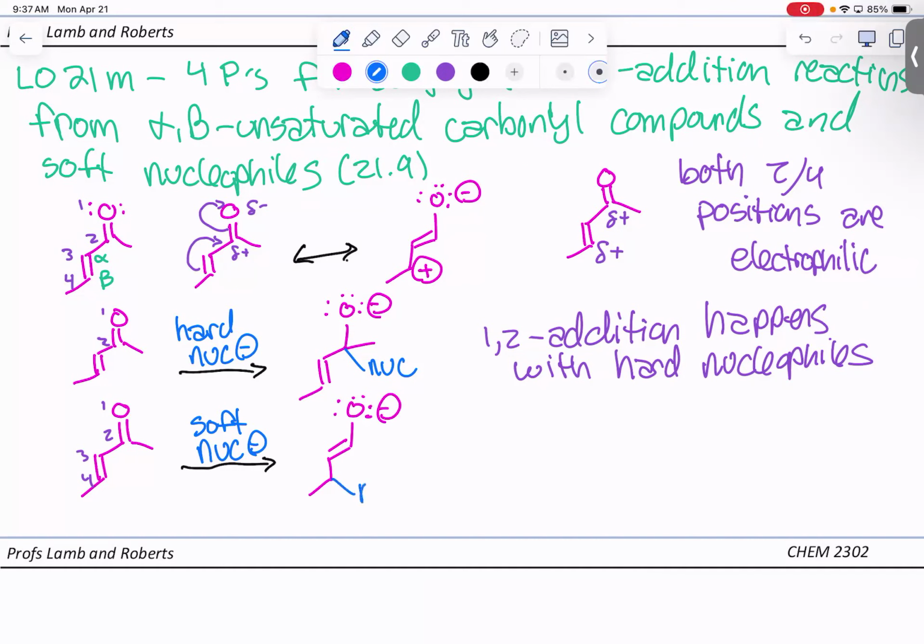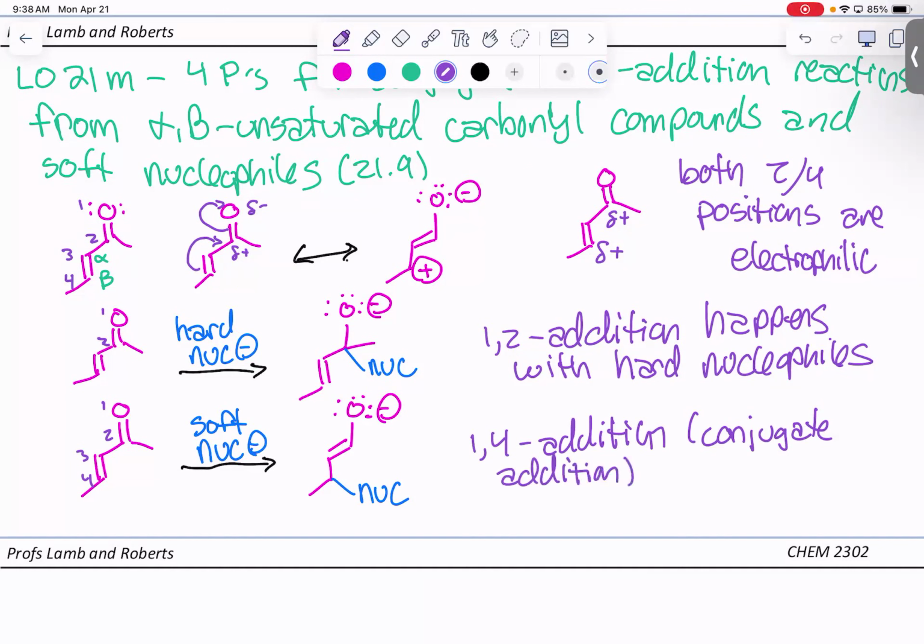But we have our nucleophile that adds to that 4 position. All right? So 1,4 addition. Sometimes, as I said, this is called conjugate addition. Happens with soft nucleophiles.